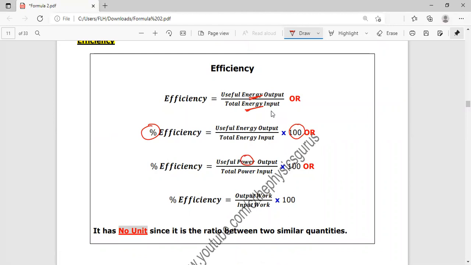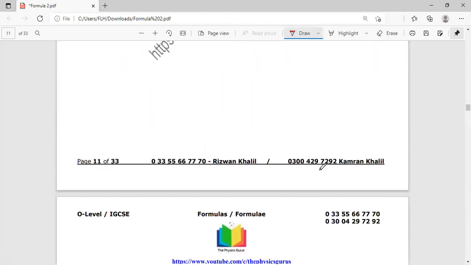And if work is being given, then output work over input work. So multiple scenarios can be there, but always output will be in the numerator and input will be in the denominator. There is no unit of efficiency since it is a ratio between two similar quantities.